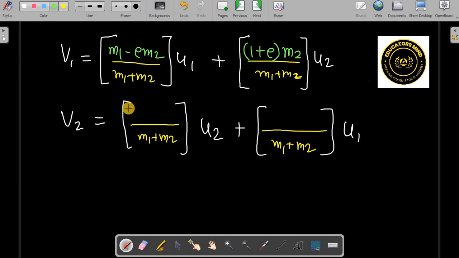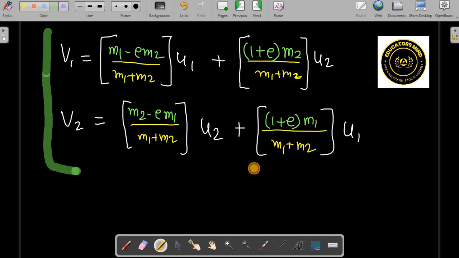For the other equation, the first term you will write m2 minus E times m1, interchanging m1 and m2, and 1 plus E times m1. In the second term there is a chance to forget: m1 will always be with u1, and m2 will always be with u2. This is the equation you need to remember.